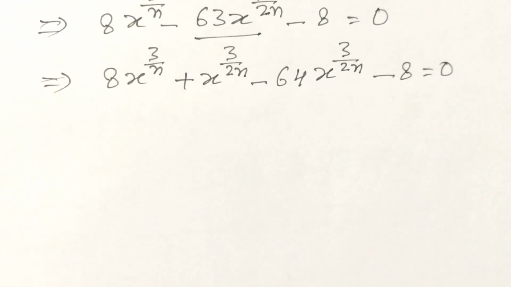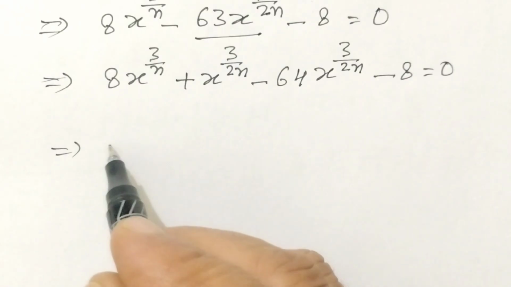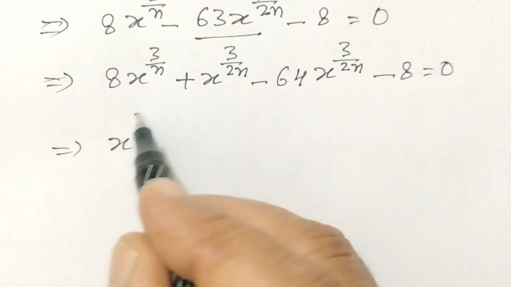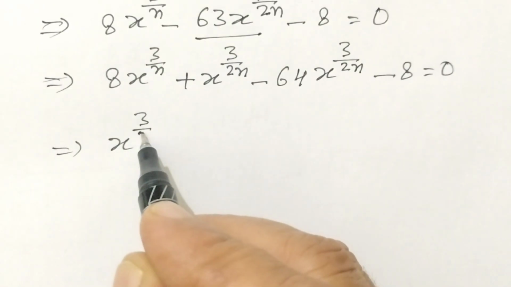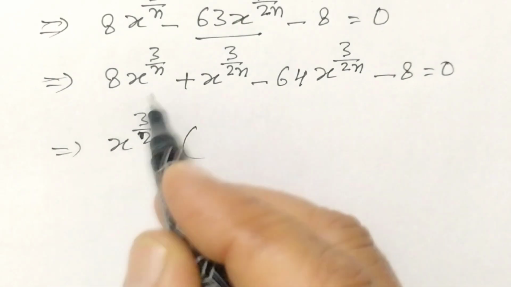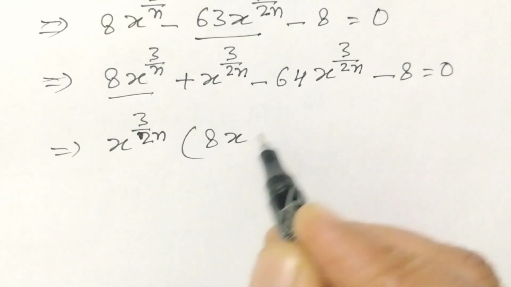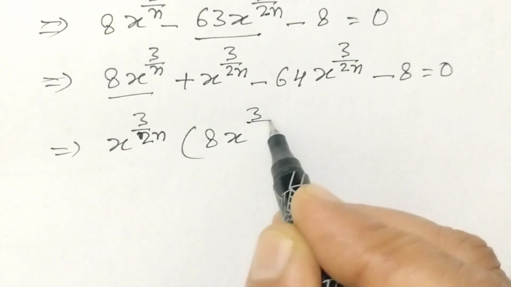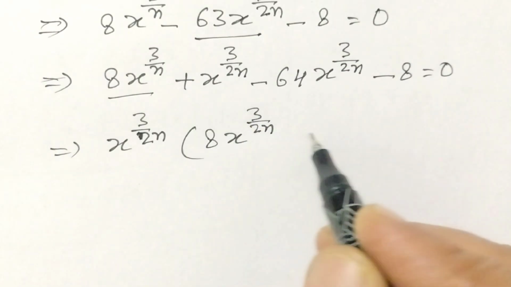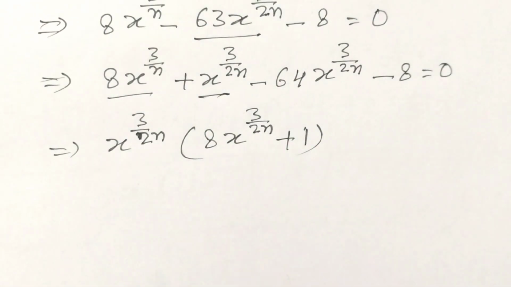Fine. Quadratic equation. Now x^(3/2n) as common, right? So we have remained 8x^(3/2n) plus 1, right?